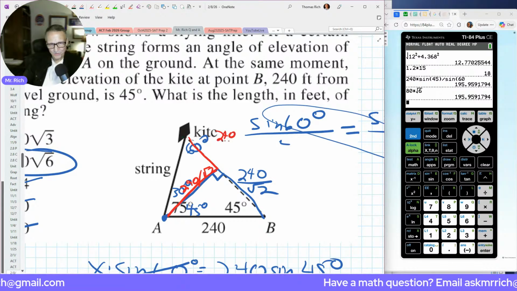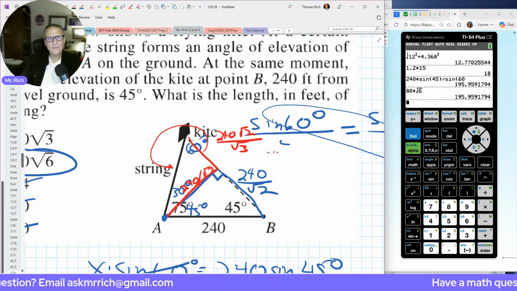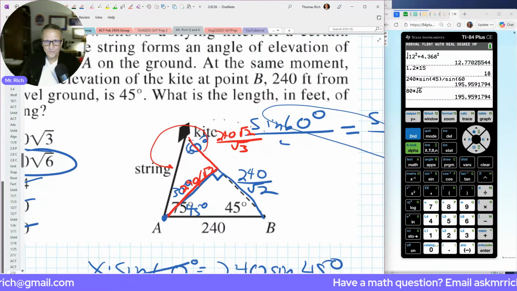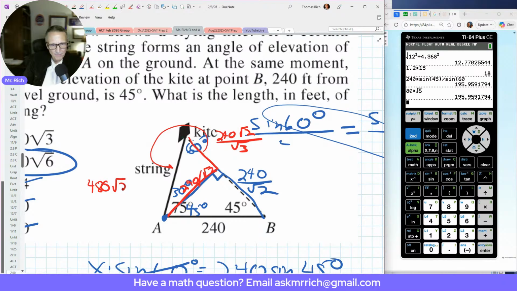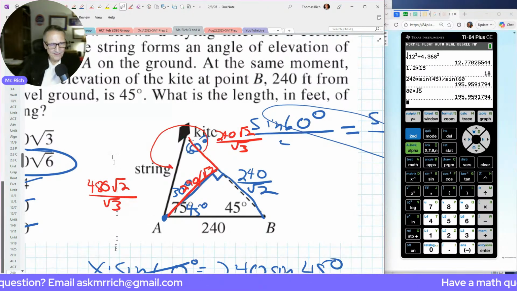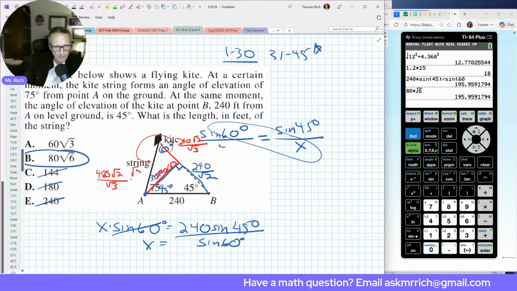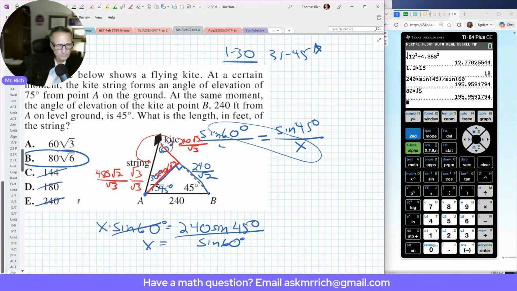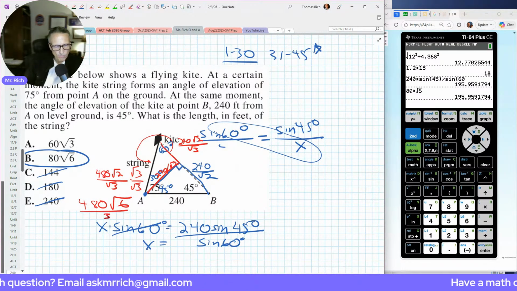So it's 240 square root of 2 divided by the square root of 3. And then to get from the short leg to the hypotenuse of a 30, 60, 90, you multiply by 2. So that would make this answer 480 times root 2 over root 3, like that. Now, what I could do is rationalize that by multiplying top and bottom by root 3. That gives me 480 times the square root of 6 over 3.